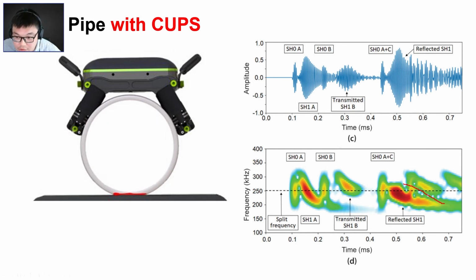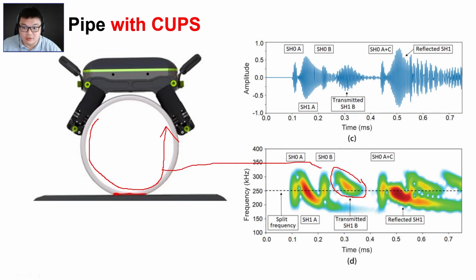This reflection over here is caused by the B path SH1 signal that gets reflected from the cups defect. The transmitted SH1B signal has only higher frequency components because this B path signal has gone through the defect and only higher frequency signals remain. The low frequency has been reflected back.